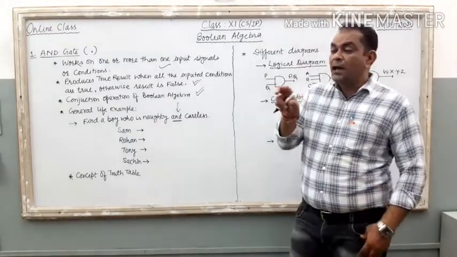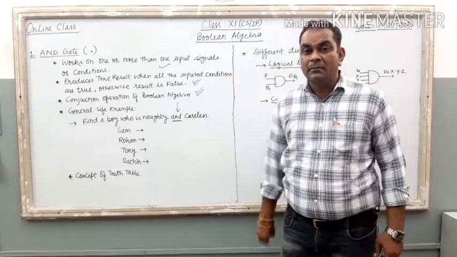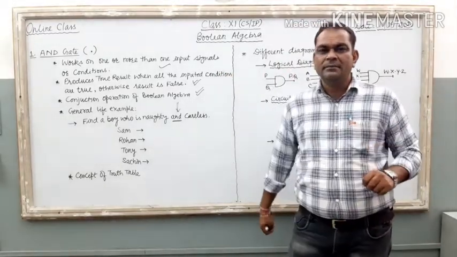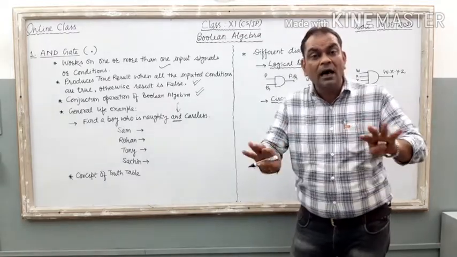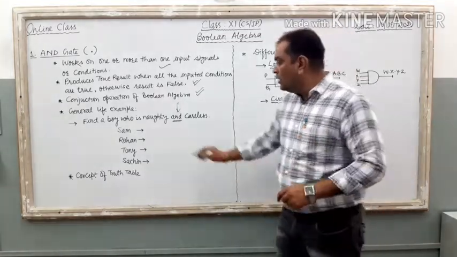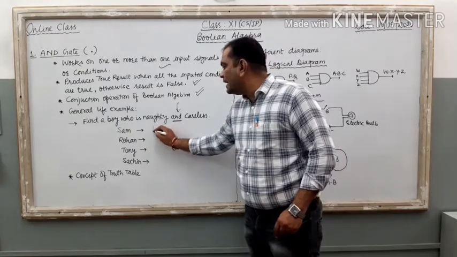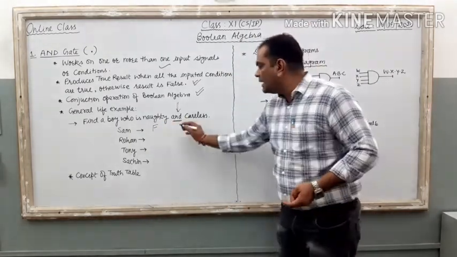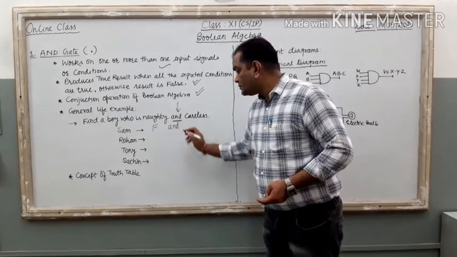Now, when we scan Sam, we find that he is not a naughty guy and he is not careless also. So for Sam, the result of naughty is false. He is not a naughty boy. So here I put false.